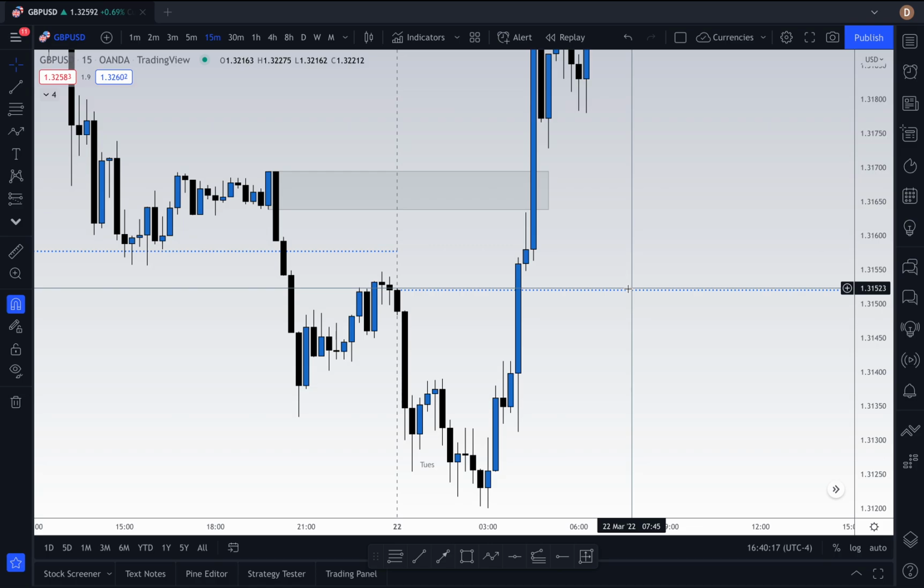But seriously, there's a reason why, because there are fundamental drivers and there are other catalysts behind a currency pair. Not to mention that the markets are obviously manipulated.